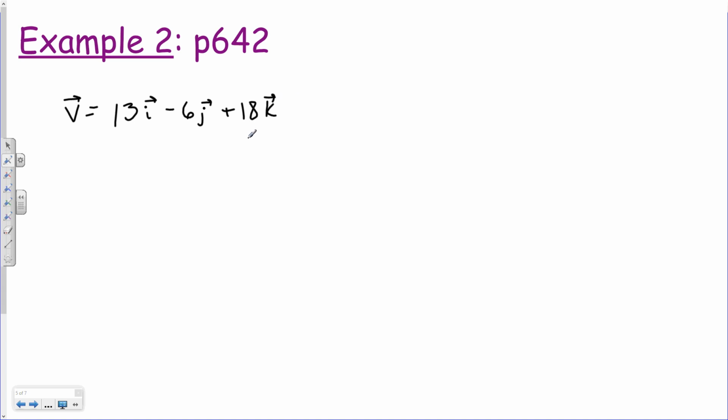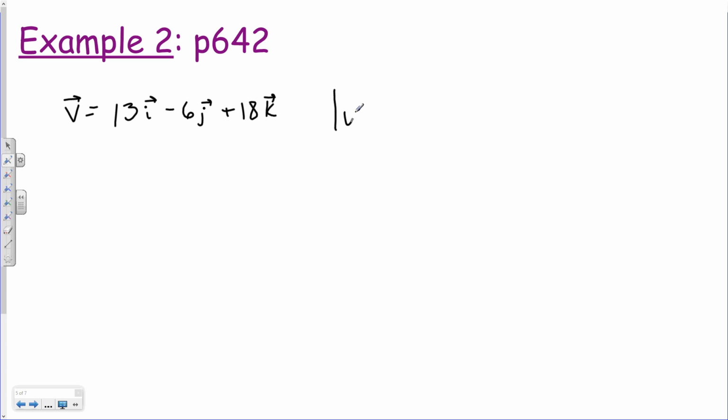So this is going to ask us to do something similar to the previous one. They want us to find the direction angles and direction cosines. We're going to do the direction cosines first, though.